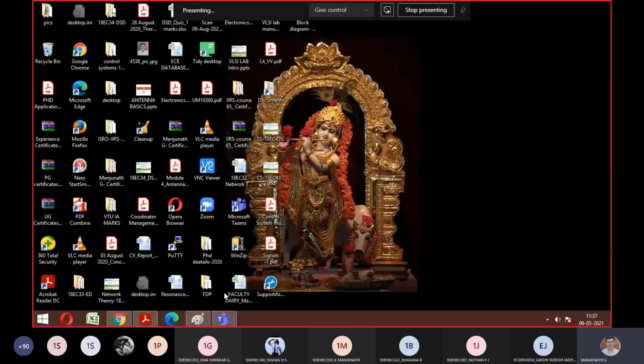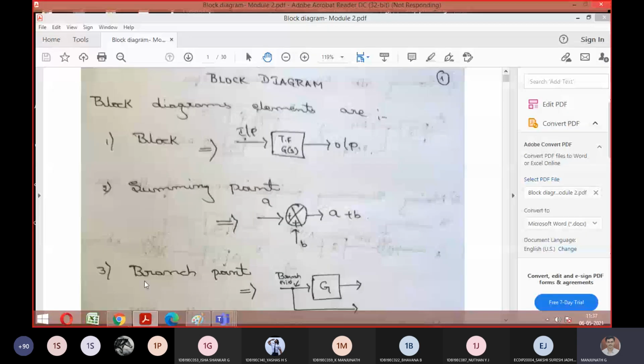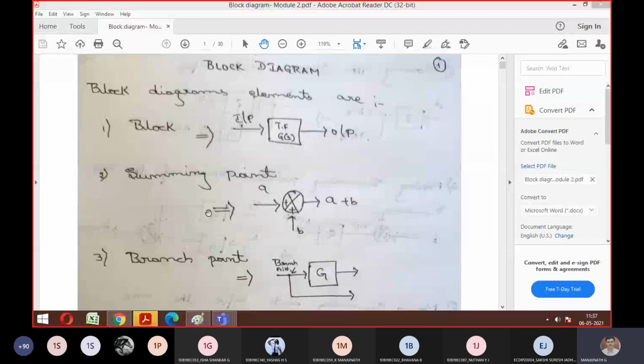You just check out, is this block diagram visible? Is this block diagram visible, guys? Yes, sir. Just 1 minute. Just hold on, guys. Just 1 sec.